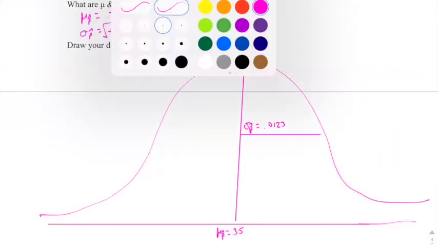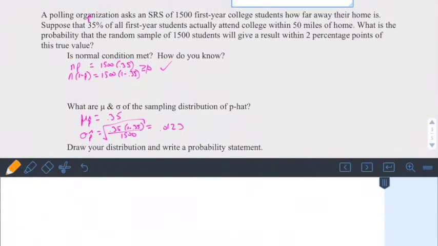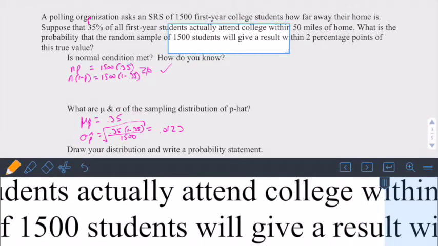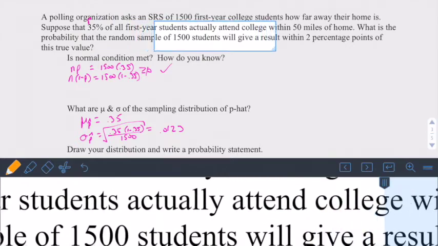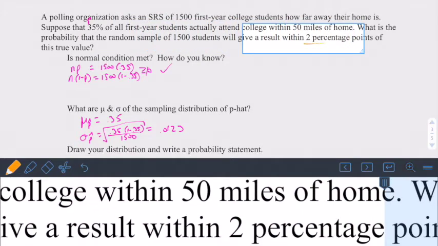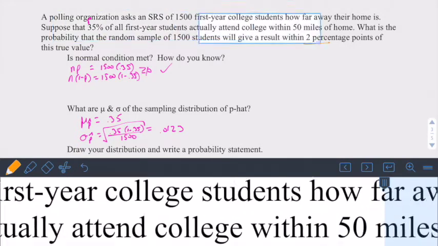And then our values, going back up to our question, we want to know what is the probability that the random sample will give a result within 2 percentage points of this true value of 0.35.